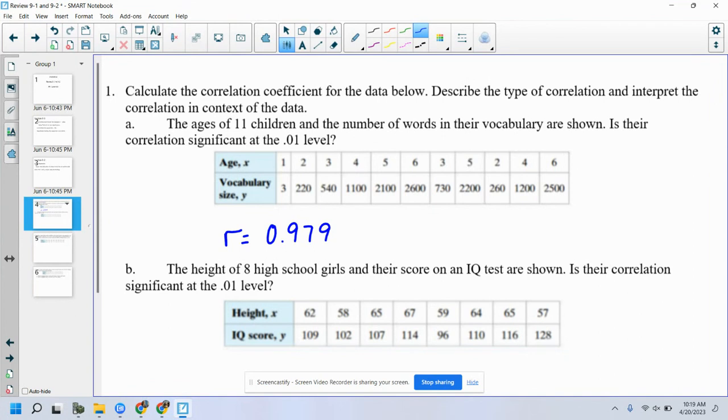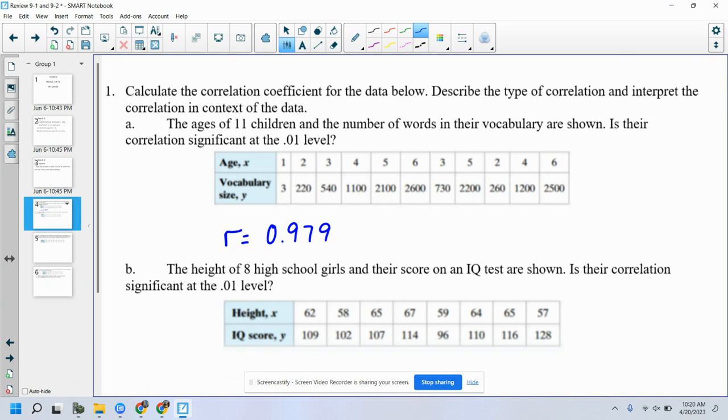Then I have to go to my table 11, which I should probably make a couple more copies of, because this is not in the yellow packets that I give you. This is just for using this chapter. I say at the 0.01 level, is that correlation coefficient significant? What's my n in this case? 1, 2, 3, 4, 5, 6, 7, 8, 9, 10, 11.